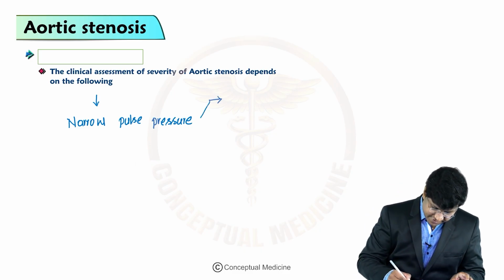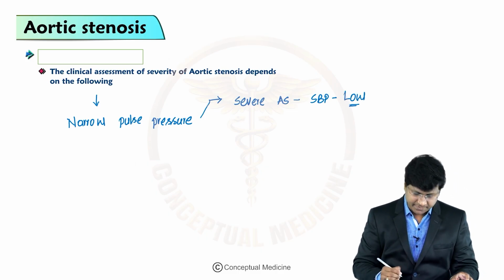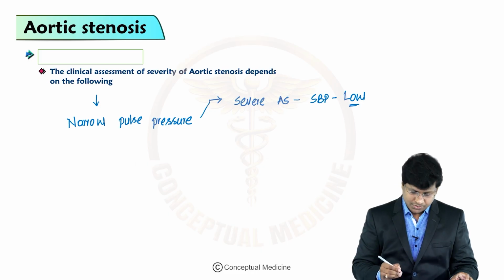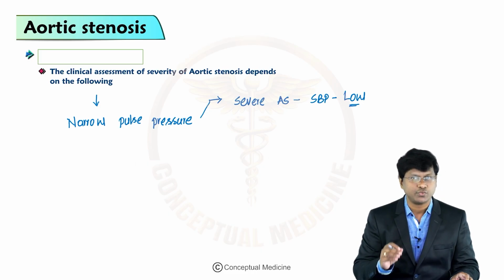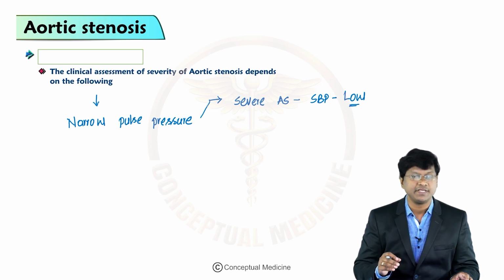So, in case of severe aortic stenosis, what will happen to the systolic blood pressure? The systolic blood pressure is very low in patients with severe aortic stenosis. So when the systolic blood pressure is very low, what will happen to the pulse pressure? The pulse pressure will be reduced.